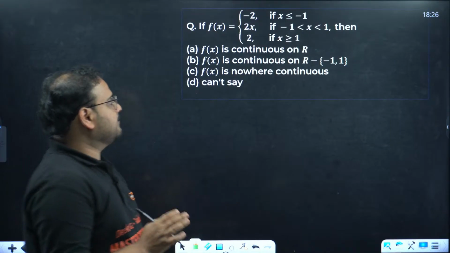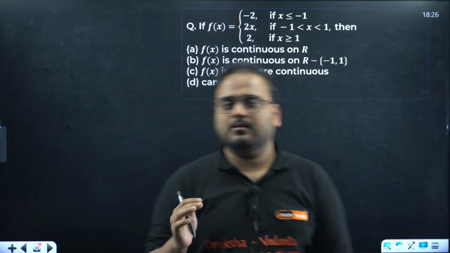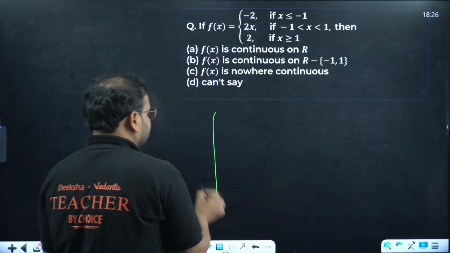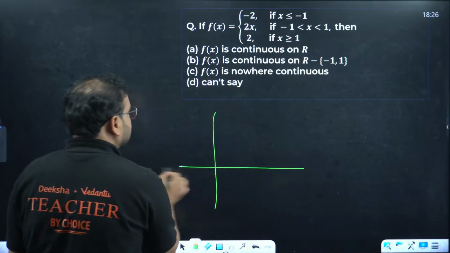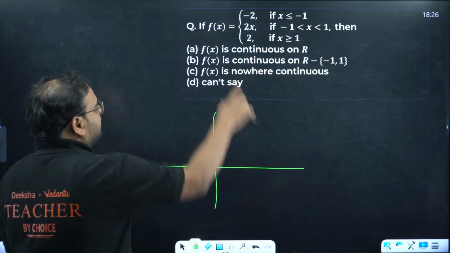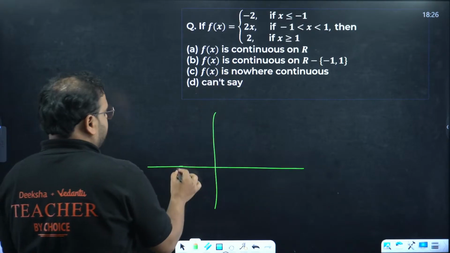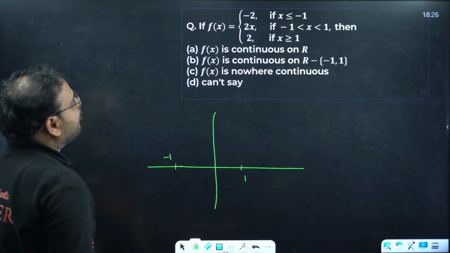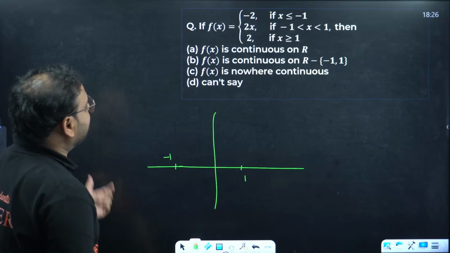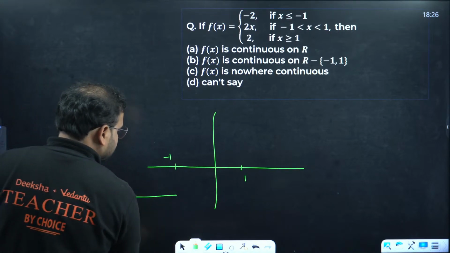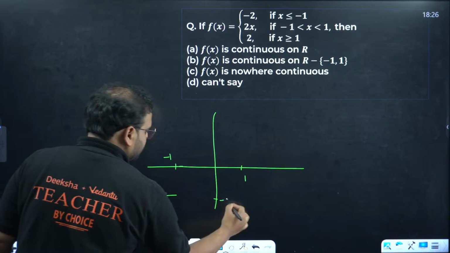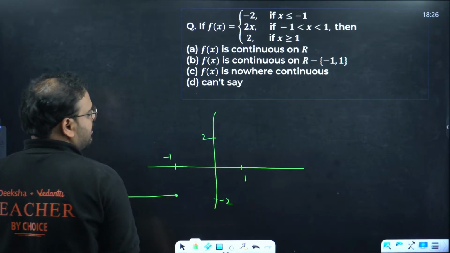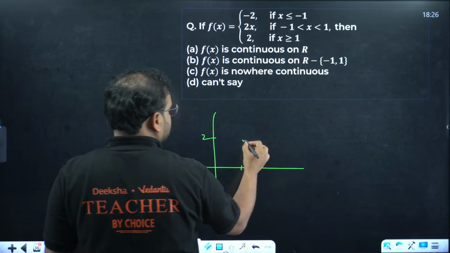This problem again, if you go with finding this algebraically, it'll take time. But if you draw the graphs, look at this. The branchings are -1 and 1. Before -1, the value is -2. After 1, the value is +2.